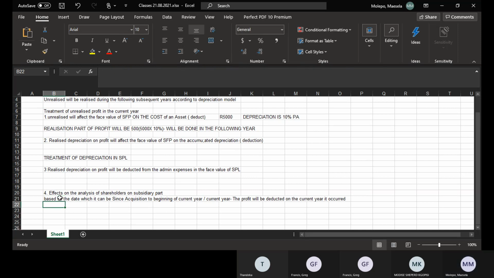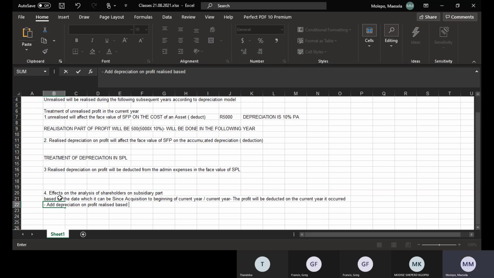And another thing, we're going to add the depreciation on profit realized, based on the year which it occurred.